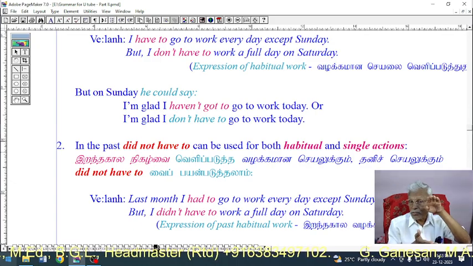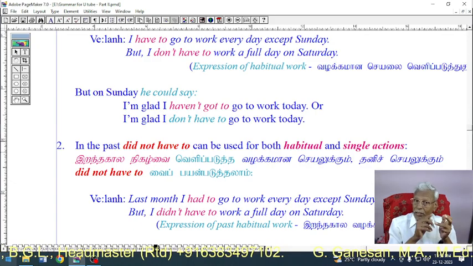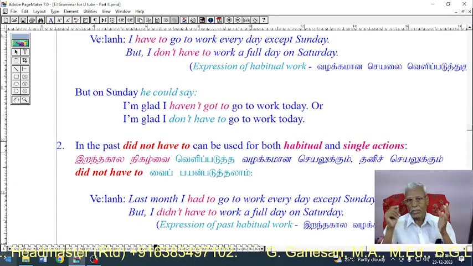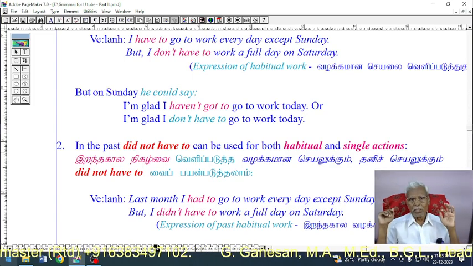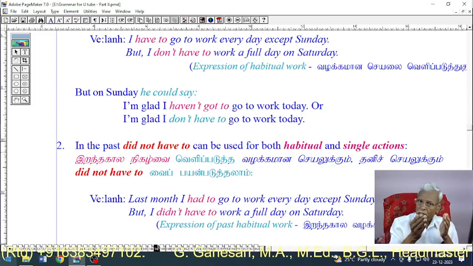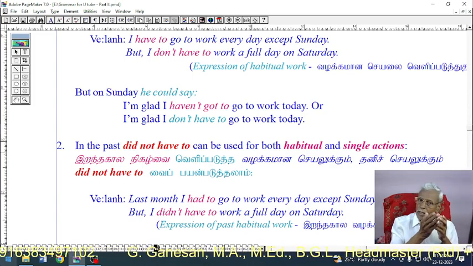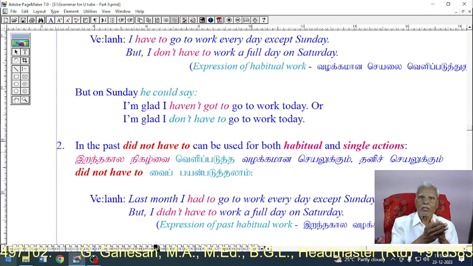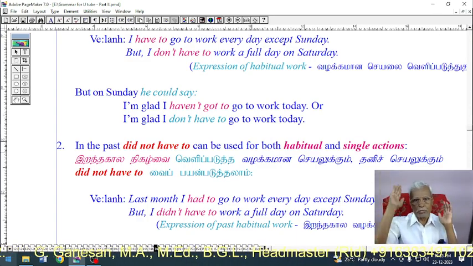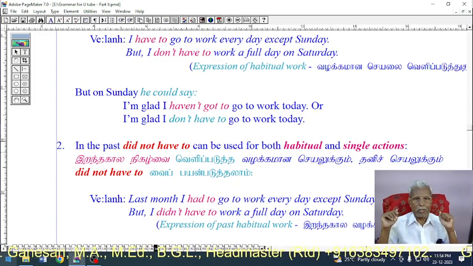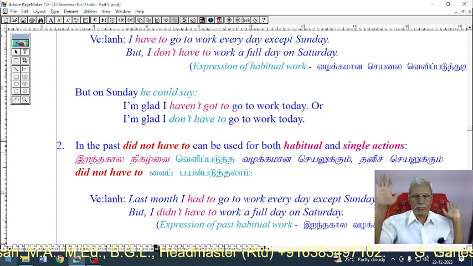See, in the present tense, have to or have got to. Negative, I mean, haven't got to, or do not have to.